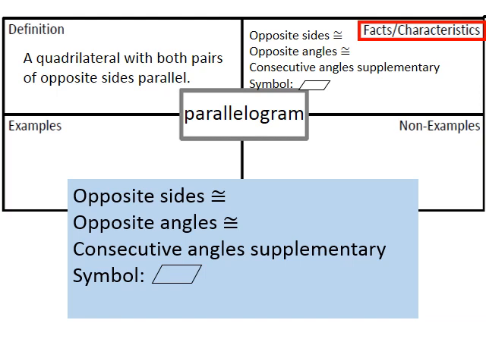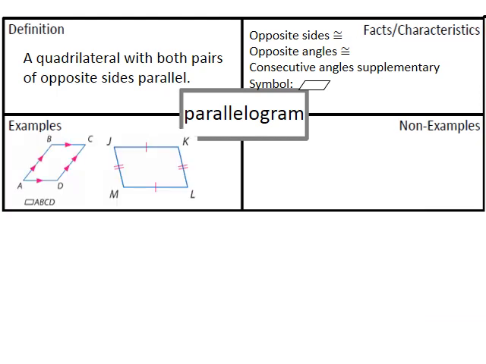For the symbol or notation for a parallelogram, we use this little parallelogram shape. You put that in front of its name, like parallelogram ABCD, just like we wrote triangles. Here's a couple of examples showing some of these properties.